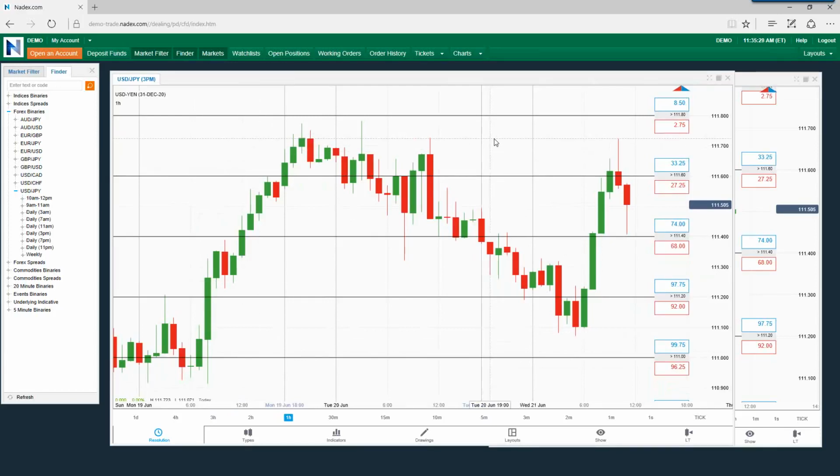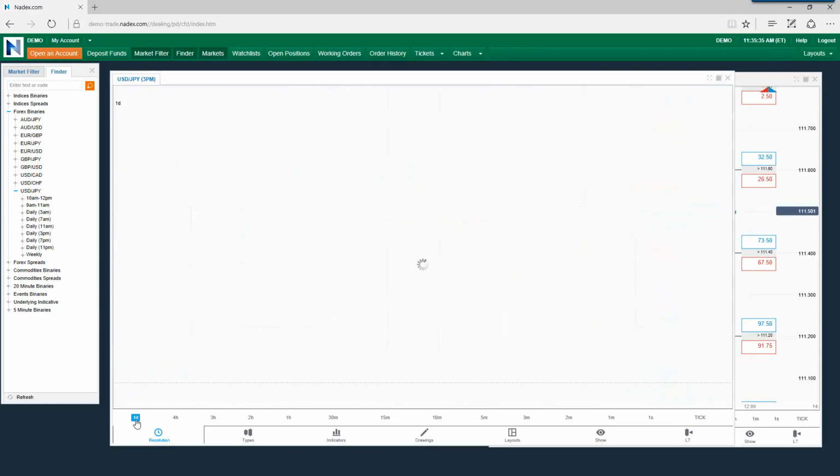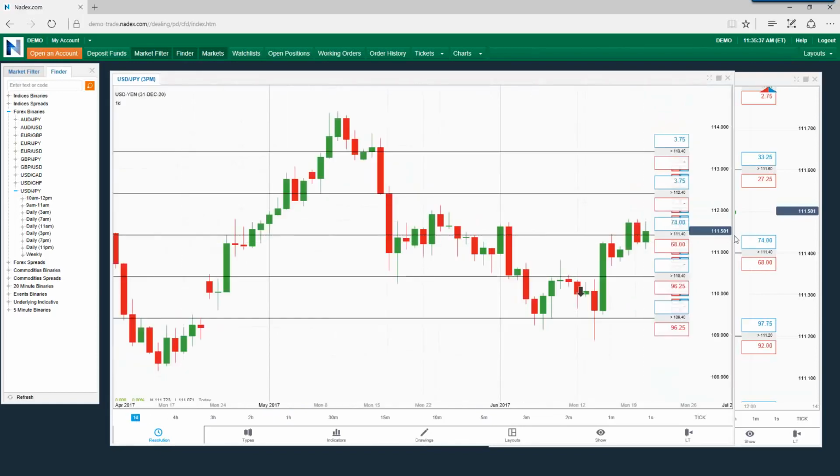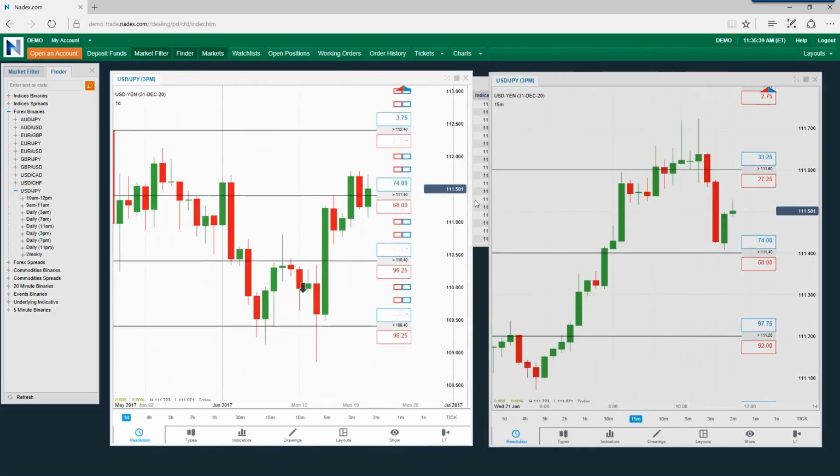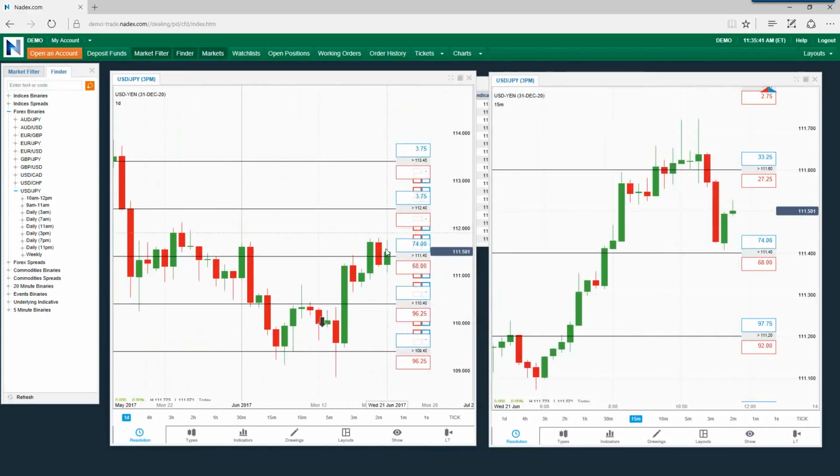Longer term, it's not making higher highs. So I would probably go first to a daily and say, okay, what is my daily showing me? The daily is showing me that we're in an uptrend at the moment. We're making higher highs. They just came up to this high.